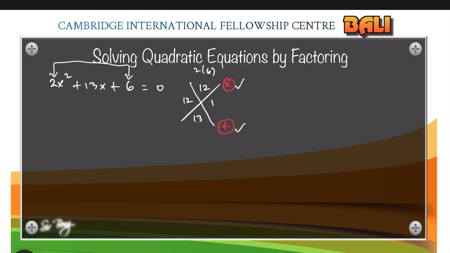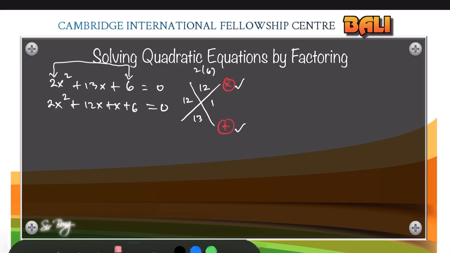So right now, the combination of factors here, I mean the middle term, we split 13x to 12x plus x plus 6 is equal to 0. Okay, so again, always check that your 13x here is just equal to the 12x and x.